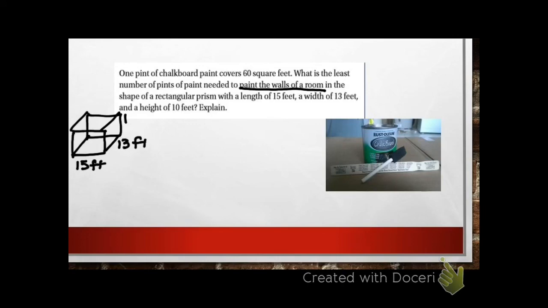And my height is 10 feet. So I know I'm painting only 4 of my faces. So let's just label them as front, back, side, and side.